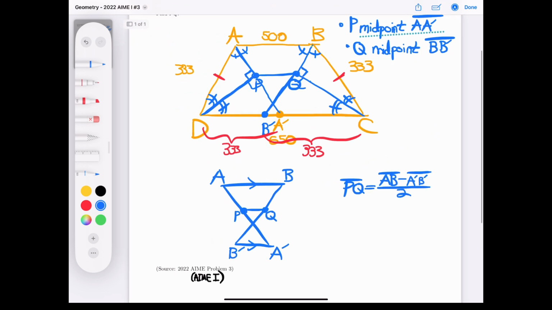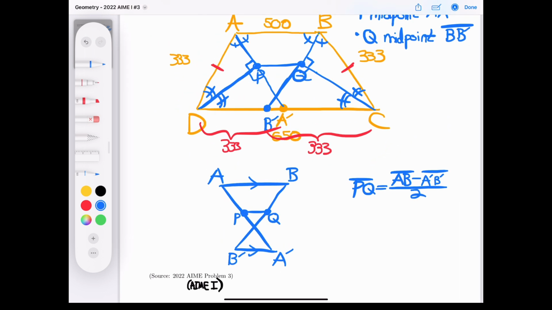And if you want to pause the video for a second and think about why that might be true, I'd recommend you do that. Either way, I think it's a good thinking exercise.